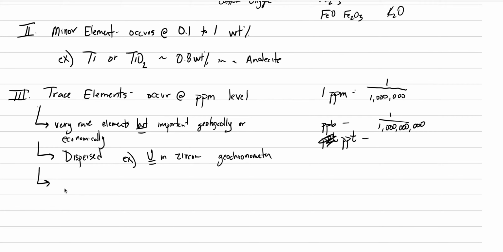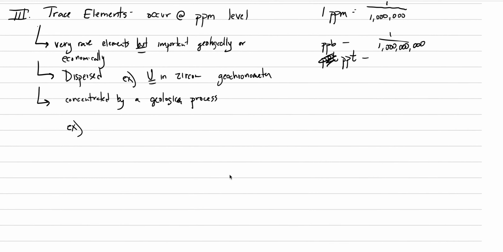Now, economically, they tend to need to be concentrated by some geologic process. So let's say other times they are concentrated by a geologic process. And we'll do an example for this. They're commonly concentrated into an unusual mineral, like a rare gemstone, for example.